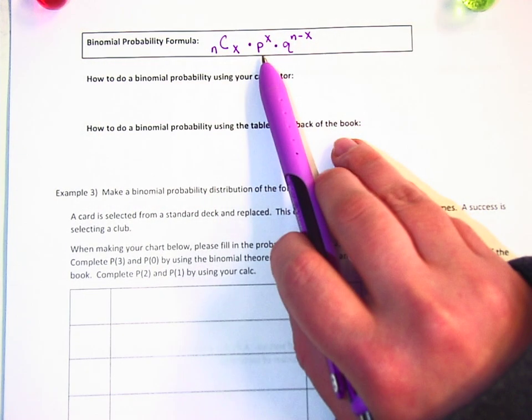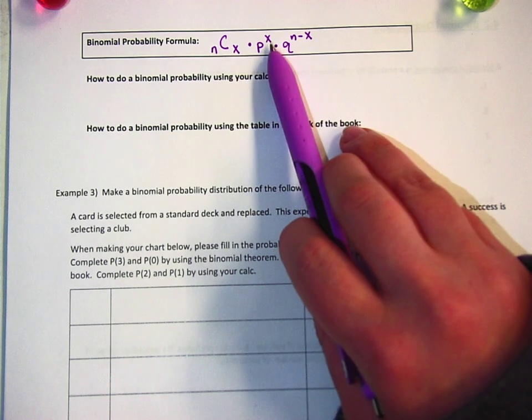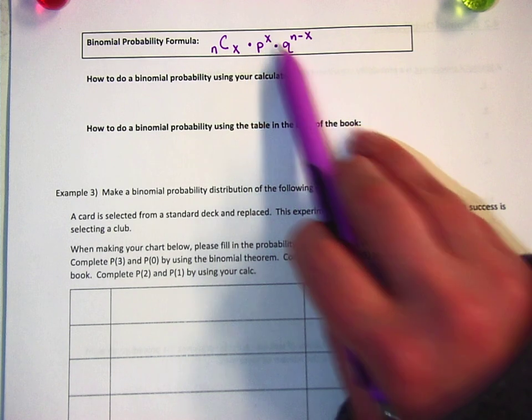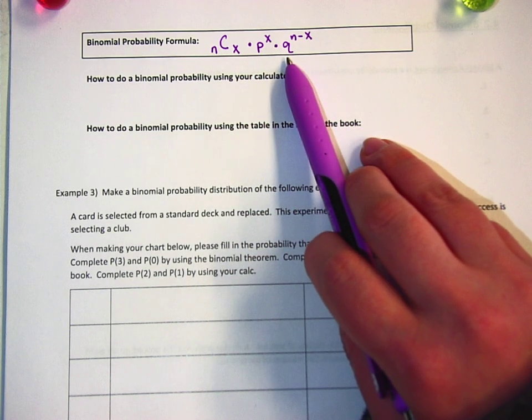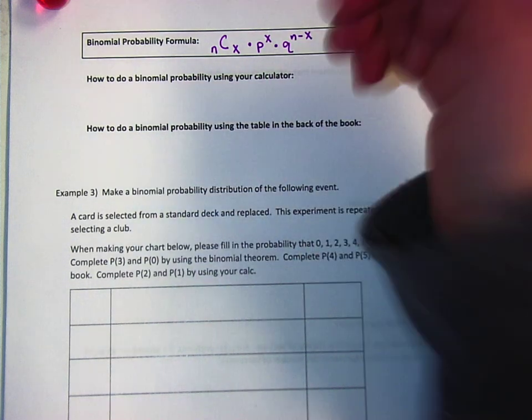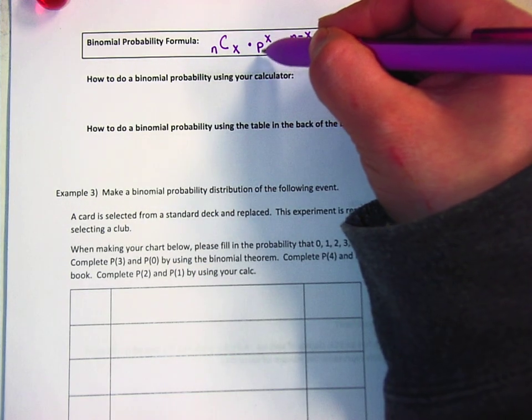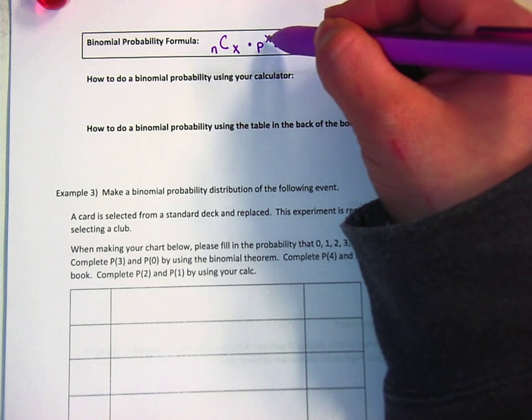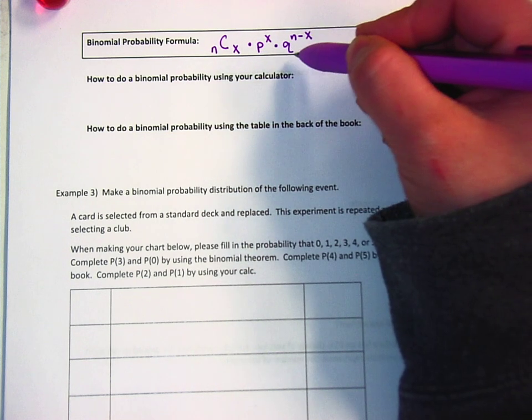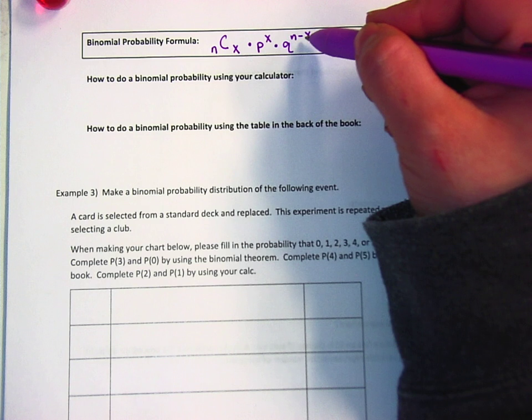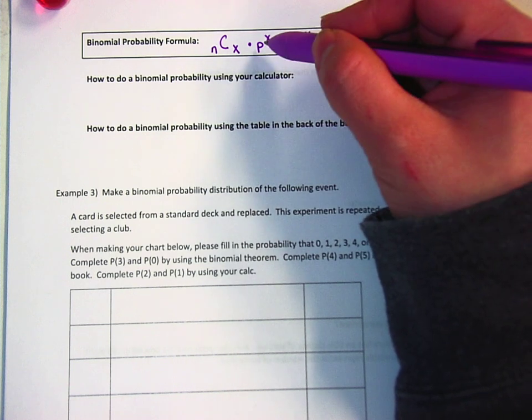P to the x is your probability of success to the power of how many successes you want, which makes sense. Q is your probability of failure, which means that, so like let's say that you're doing 10 trials and you want 3 successes, then it would be your probability of success to the power of 3, and then your probability of failure to the power of 7, because you get 7 failures and 3 successes.